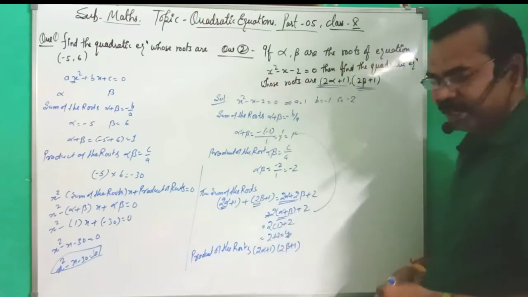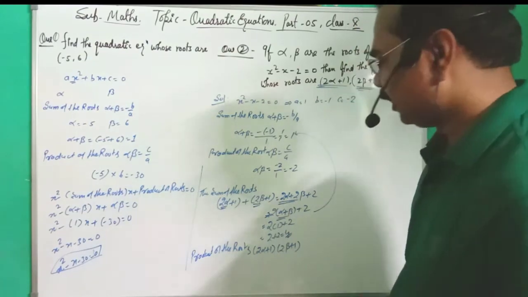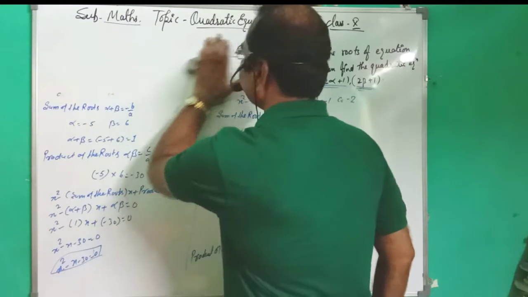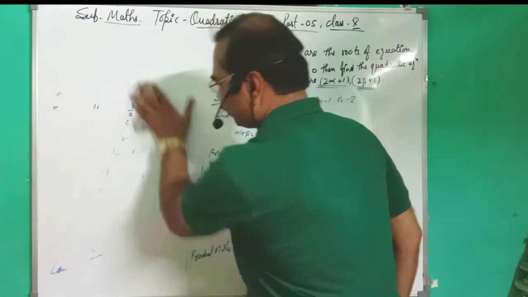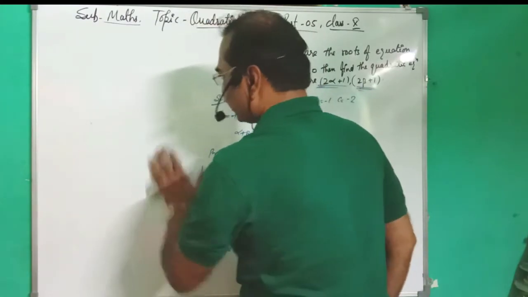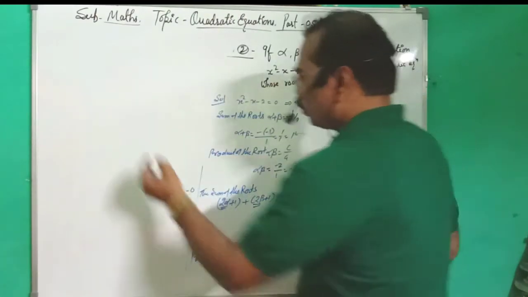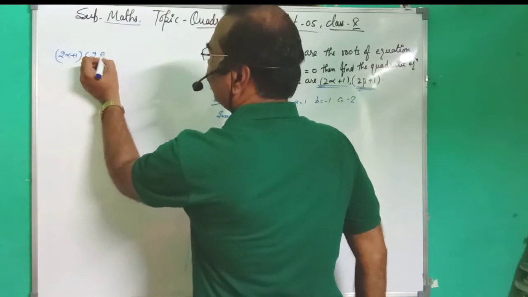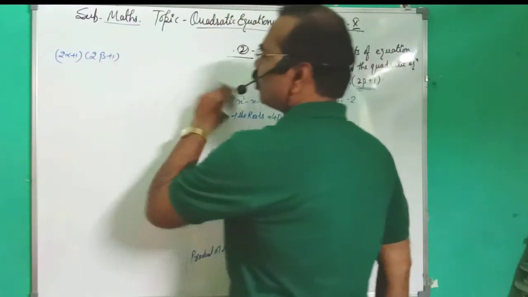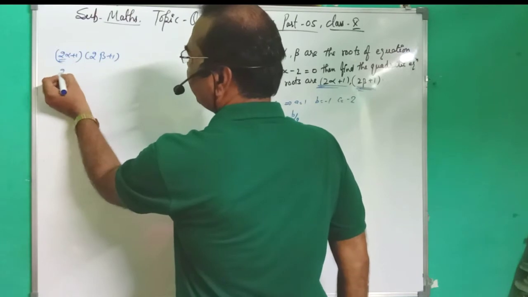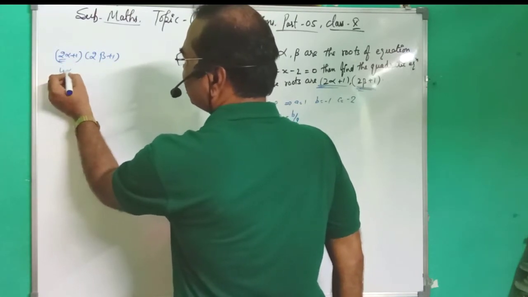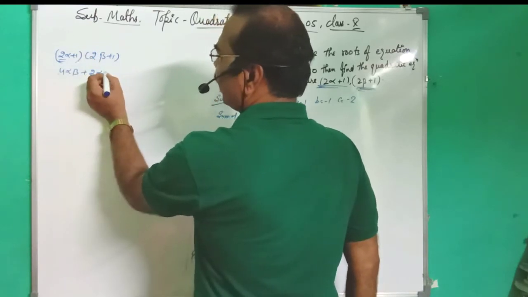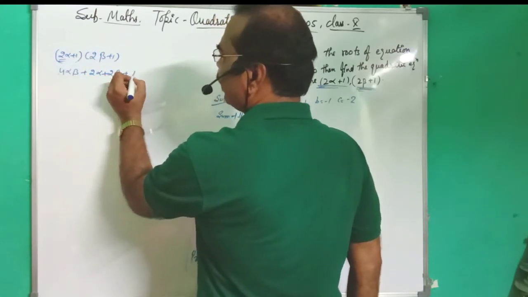To find the product of the roots we multiply them. Look here, 2 alpha plus 1 times 2 beta plus 1. 2 alpha multiplied by 2 beta is 4 alpha beta, then 2 alpha multiplied by 1 is 2 alpha, 1 multiplied by 2 beta is 2 beta, and 1 times 1 is 1.